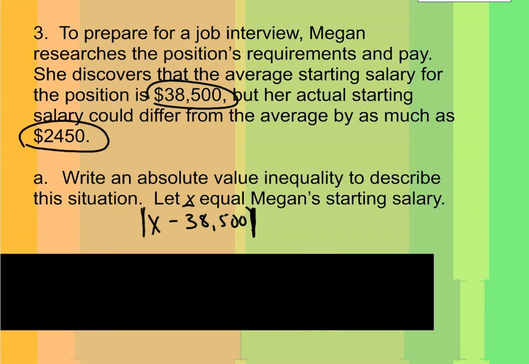Sorry, I want that to be an absolute value. It's got to be less than or equal to $2,450. So whatever her starting salary is, if it's a little less than 38.5 and I subtract it, it's going to be negative. But if I take the absolute value, that's going to make it positive because you're looking at a distance. So this is what you're looking at.